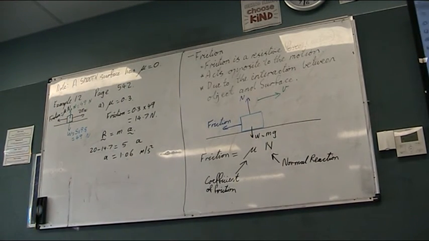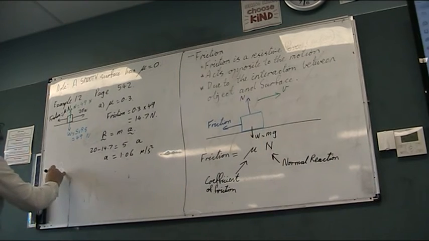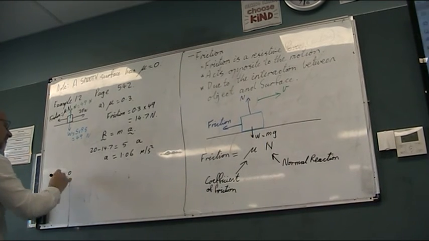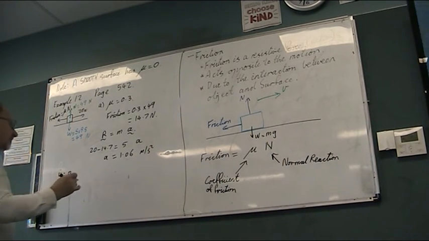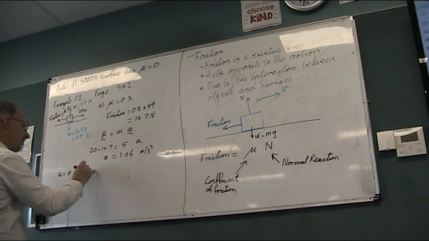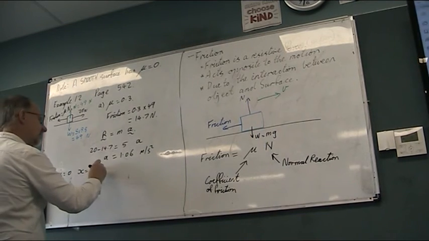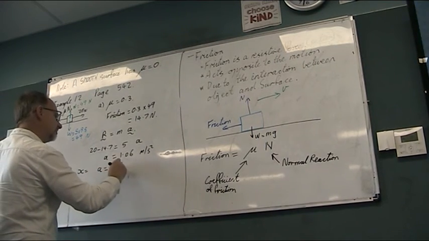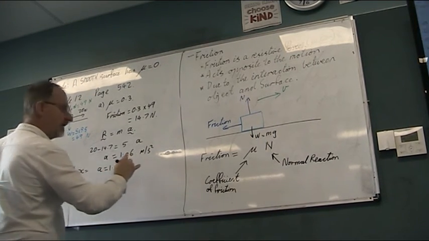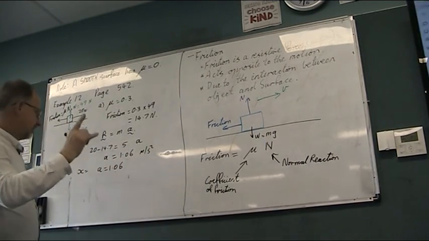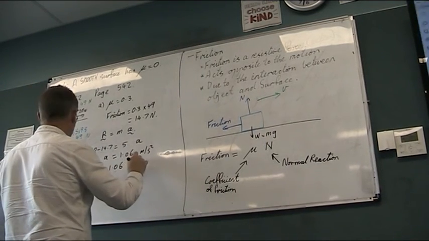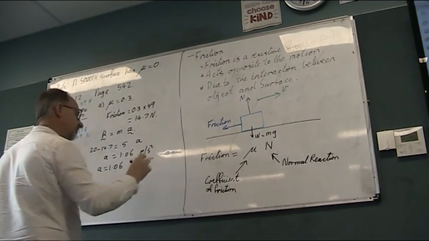How far does it travel? In 5 seconds, so it starts at rest. We don't know what its final velocity is, but we want to know how far. We know its acceleration, and we know the time, 5.